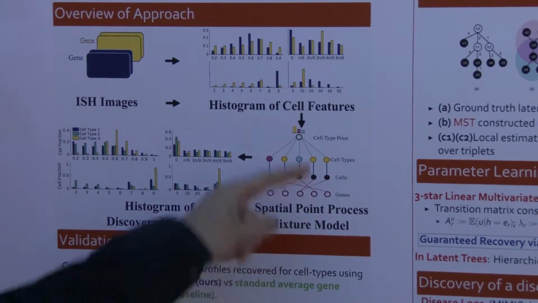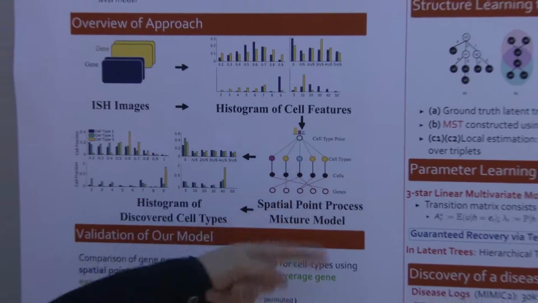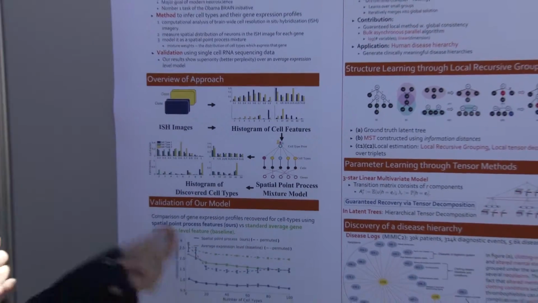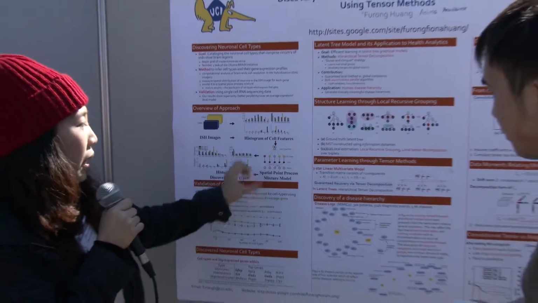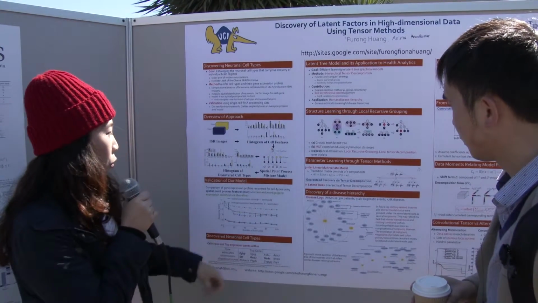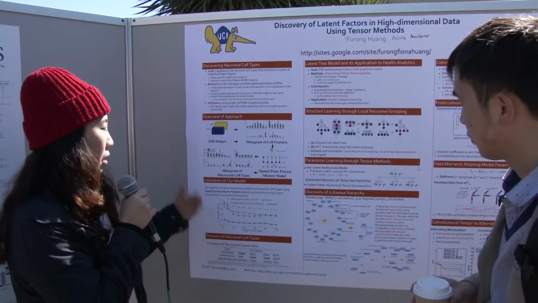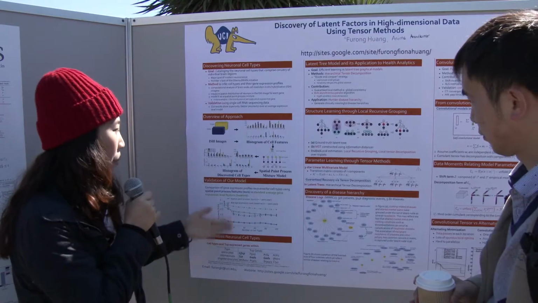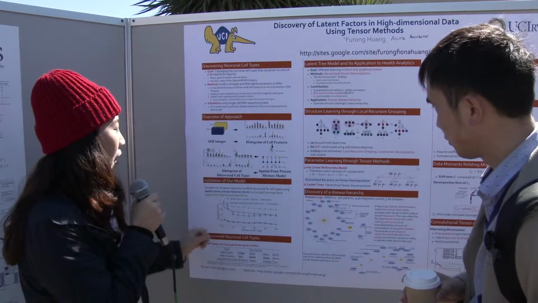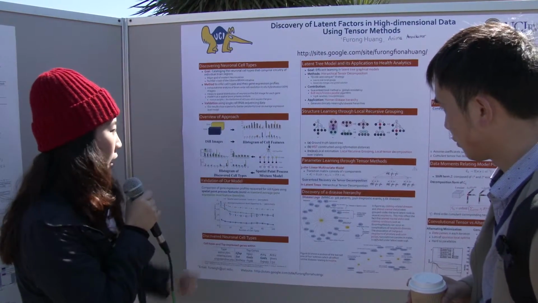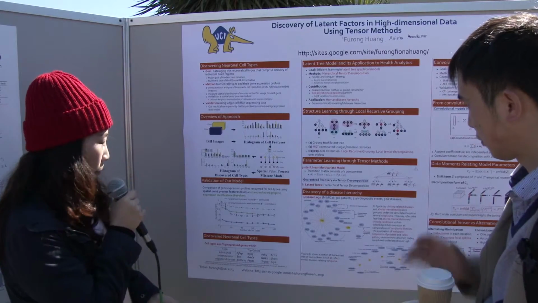Each cell is a mixture of cell types, and each cell also expresses a set of genes. By unmixing this mixture model, we can learn the cell types, the joint histogram of the cell types over sizes, orientation, intensity level, and density level.